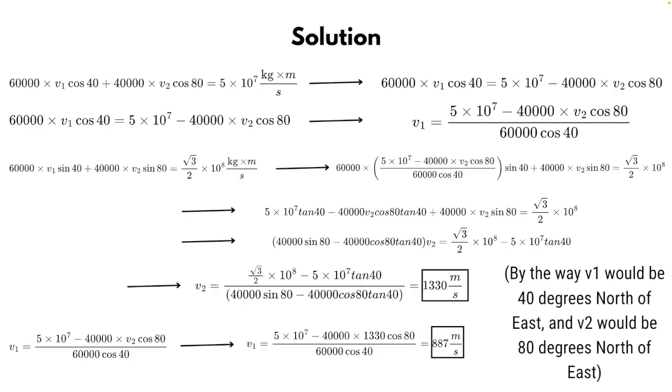Once you get that, you can plug it back into the formula for V1 in terms of V2, and you're going to get 887 meters per second. By the way, V1 is 40 degrees north of east, and V2 is 80 degrees north of east. It's a bit messy. There's a lot of playing around with trig, but it should be doable.